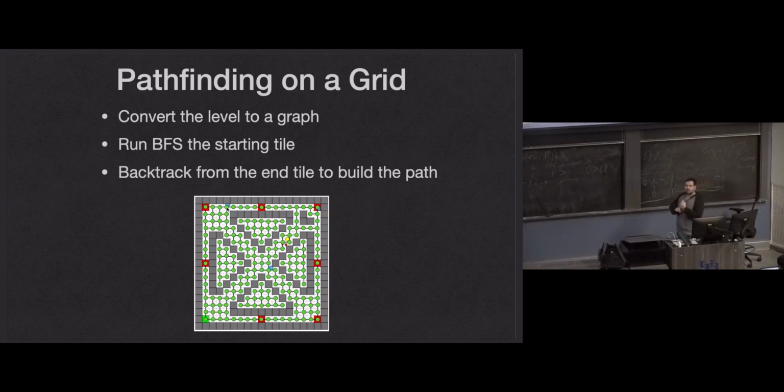So you get the grid location for that player's location. That's going to be this node right here. Run breadth first search on that node, find the closest player, and then use what we just talked about to build the path from that player to the closest player. That's the application objective.